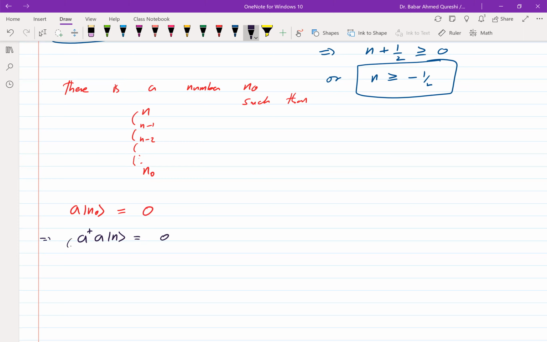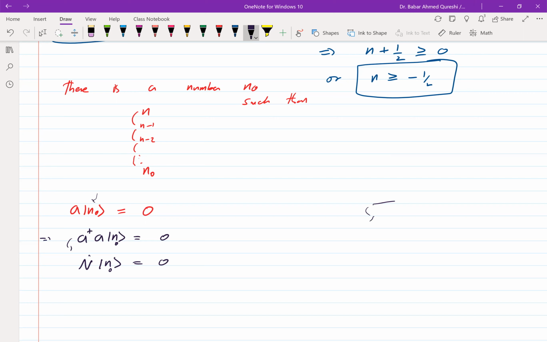What is this guy? This is the number operator. Sorry, this was the special one. So this is the number operator, and this was an eigenstate, n naught. This was the last eigenstate, below which I get a 0.